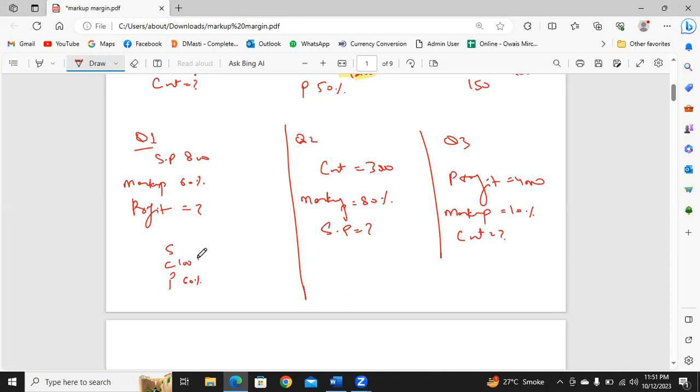And the price is how much percent? The price is 160%, that is 800. So how to get the profit? 800 divided by 160 into 60, or 800 into 60 by 160. What would be the answer?